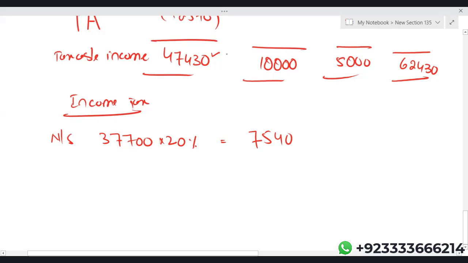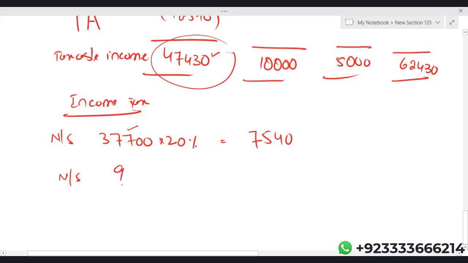Now from 47,430, students, you need to deduct 37,700. Obviously, whatever comes falls in the higher rate band. The basic rate band we have fully utilized. Non-saving: 47,430 minus 37,700.